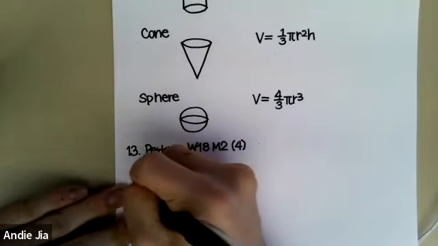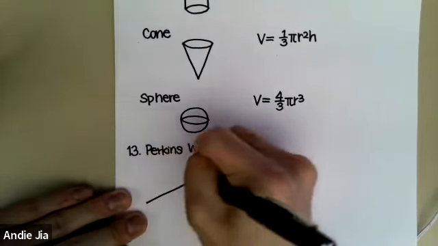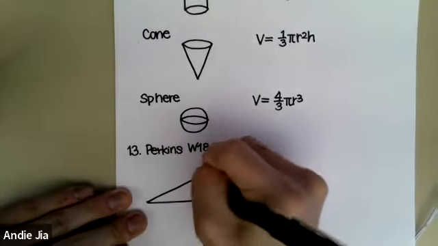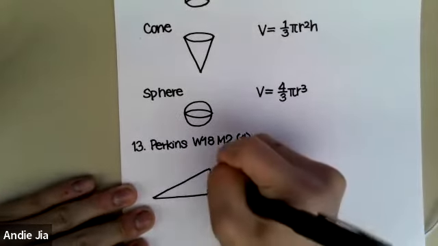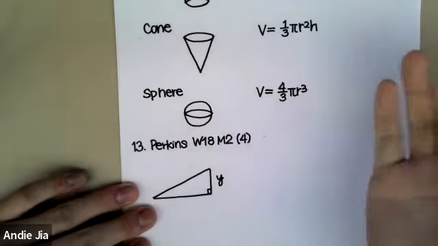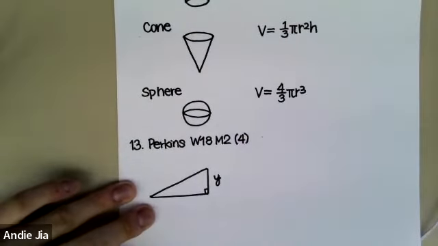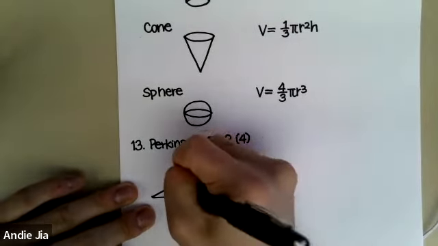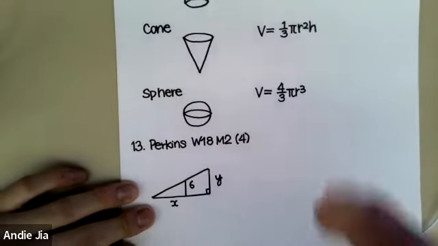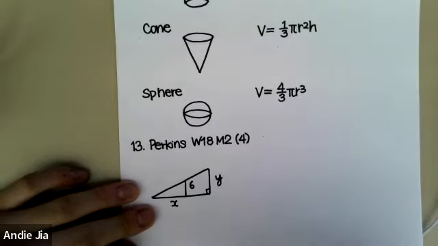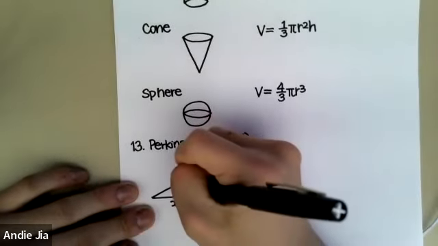It's a similar triangle here. So y is a height, because it's a vertical distance, and x is the horizontal distance.